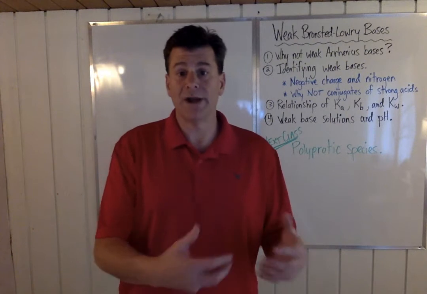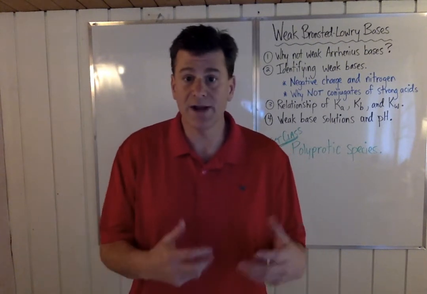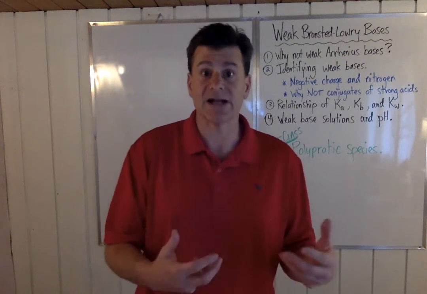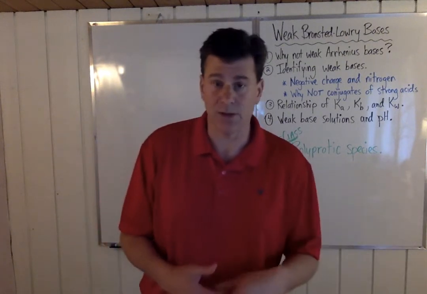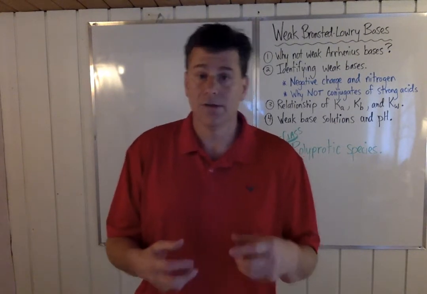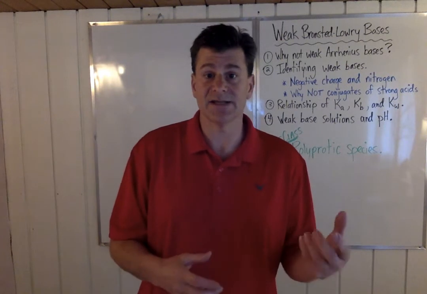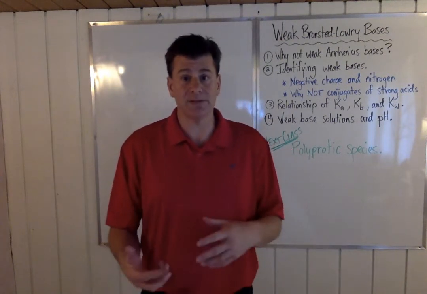And when it accepts that proton, it goes up in charge by 1, and whatever it took the H from is acting as the acid in that Bronsted-Lowry reaction, and its charge goes down by 1. If you put a Bronsted-Lowry base into water, the water is going to act as the acid, donating the H over to the base that's going to accept it.